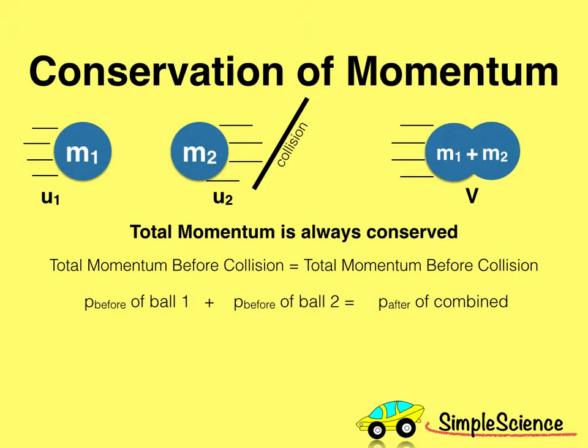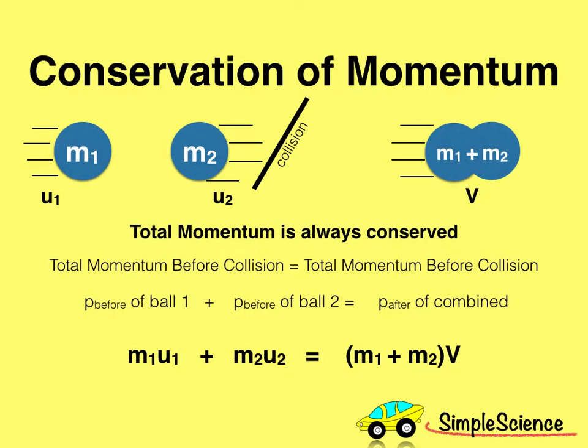Okay? And we then come up with this formula, because on the left side we have the total momentum before the collision, as we have explained in the previous slides. And then on the right, it's a little newer. The combined particle will have a mass of m1 plus m2.